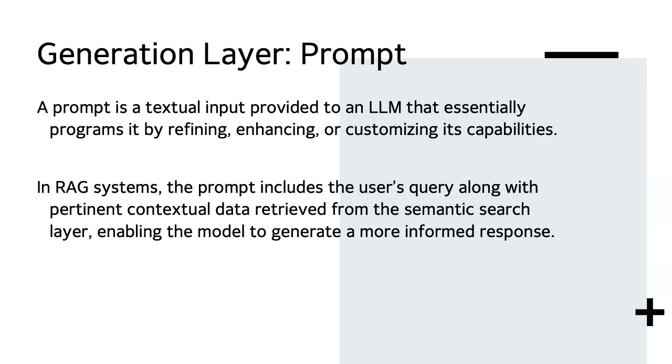So we also have the prompt part in here, in the generation layer. The prompt is a text input provided to an LLM that essentially programs it by refining, enhancing, or customizing its capabilities. In RAG systems, the prompt includes the user's query along with pertinent contextual data retrieved from the semantic search layer, enabling the model to generate a more informed response.